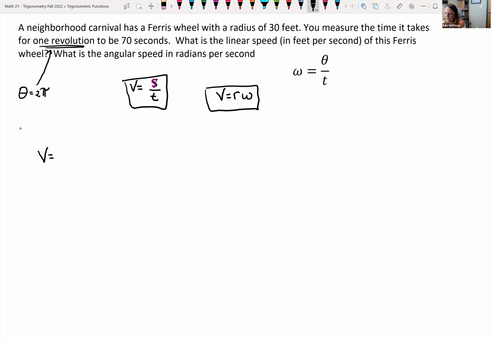We know what the radius is. It's 30 feet. And so we can look at what s is, which we know is r times theta. So that's 30 feet all times 2 pi. That would be our arc length, all over the time it takes, which is 70 seconds.